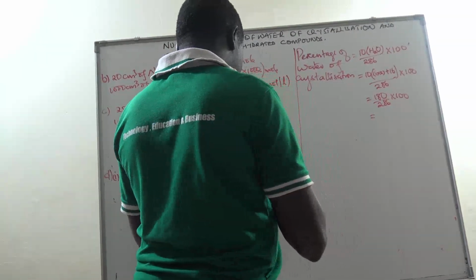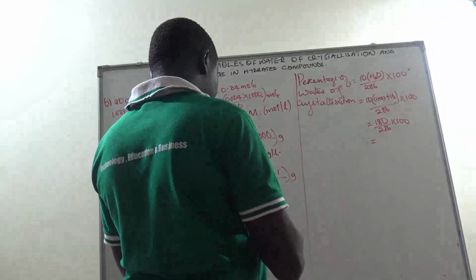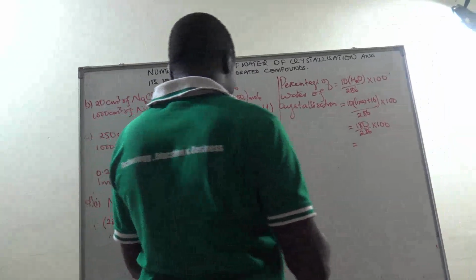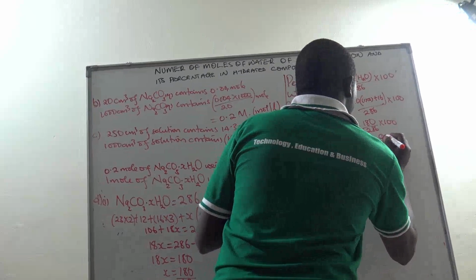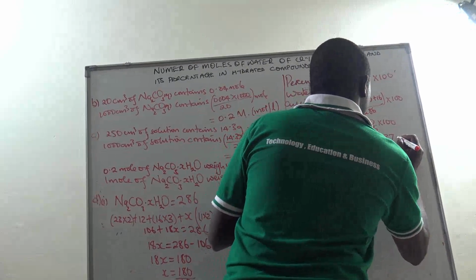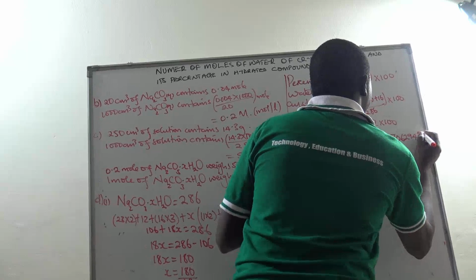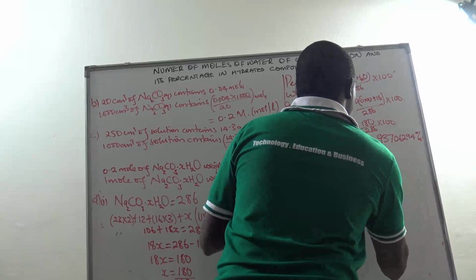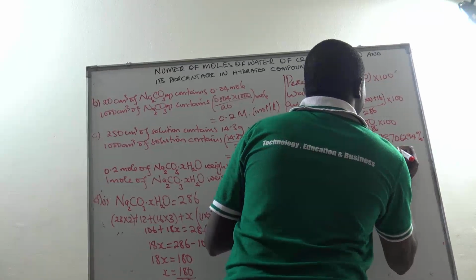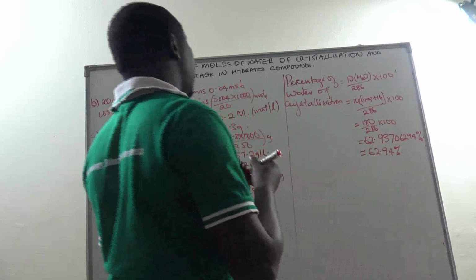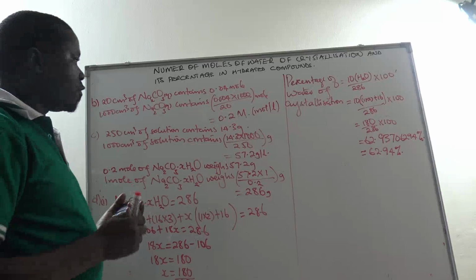It is 180 over 286 times 100, and it is 62.93706294%, which can be approximately 62.94% if we have decided to round off to 2 decimal places. So we have got, in this case, the percentage of water of crystallization over there.